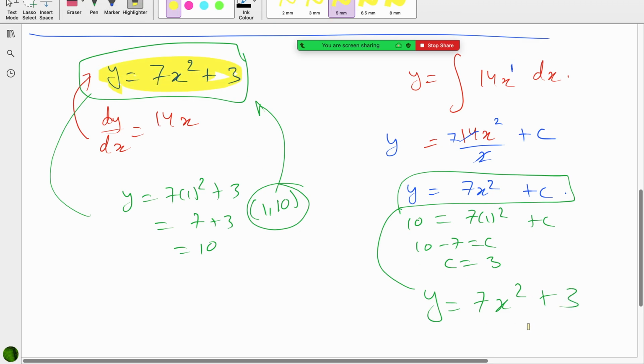So these two equations are the same. You differentiate it and you integrate it, you get the same equation back. I've just supposed that coordinate, that if x is 1, y would be 10. You can change them. In the exam, this point would be given.